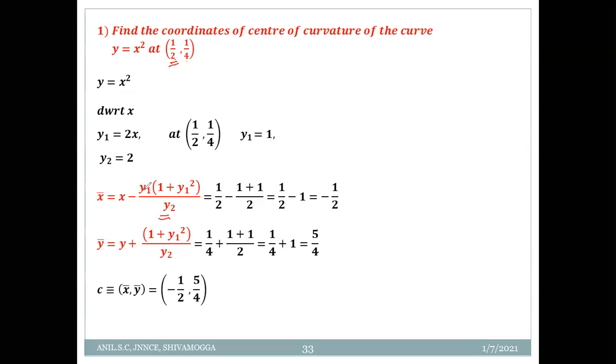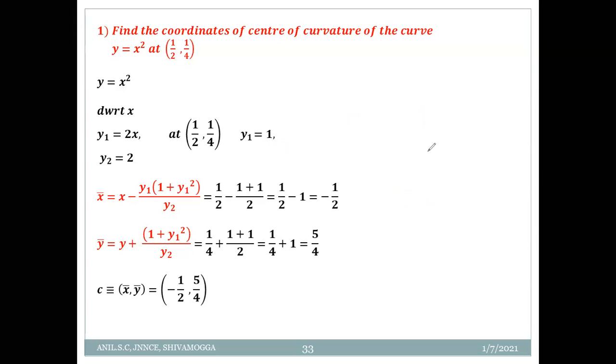X bar is 1 by 2 minus y1, and y1 here is 1, into 1 plus y1 square, that is 1 plus 1, divided by y2. Y2 is 2. Therefore, this is equal to half minus 1 plus 1 is 2, 2 by 2 is 1, half minus 1, which is minus half. X bar is equal to minus half.